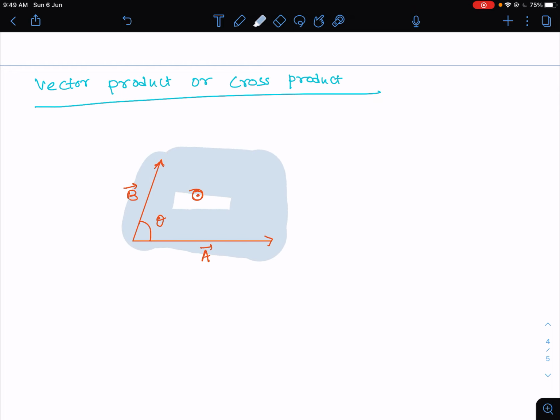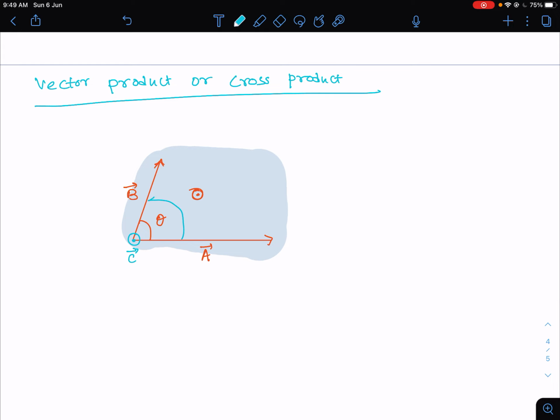You have a plane formed by A and B, and C will be directed upward here, because the rule to obtain the direction of a cross product is: if you take a right hand screw and swing the screw around from A to B, the direction in which the screw moves defines the direction of the resultant vector product.